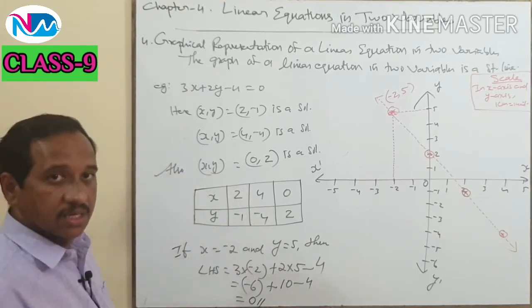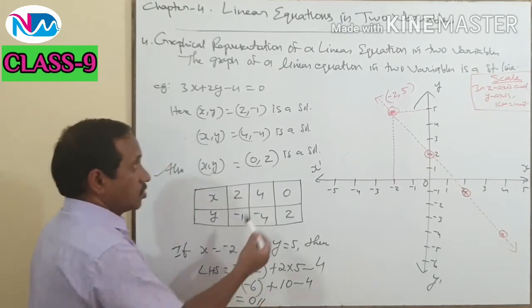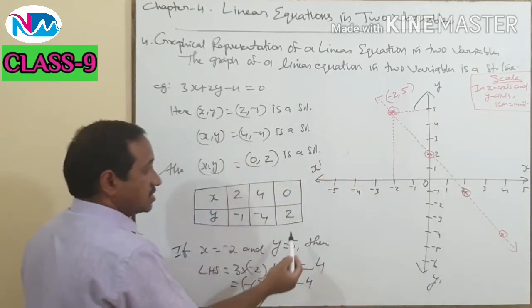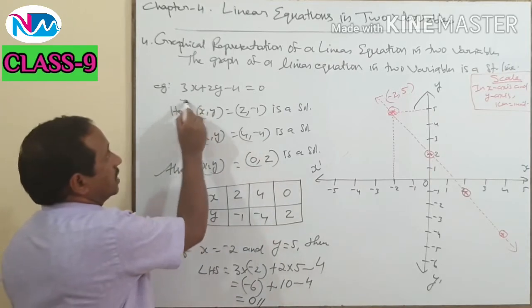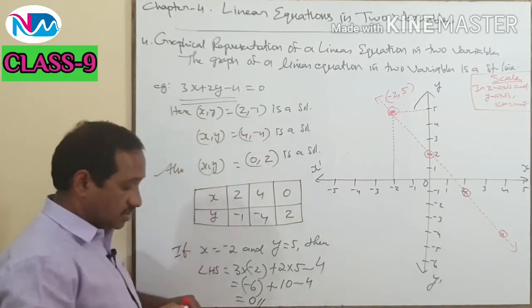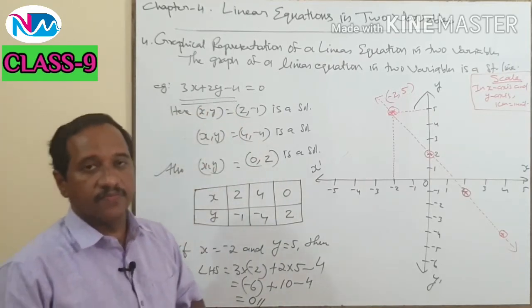Therefore, x = -2 and y = 5 is a solution of the equation 3x + 2y - 4 = 0.